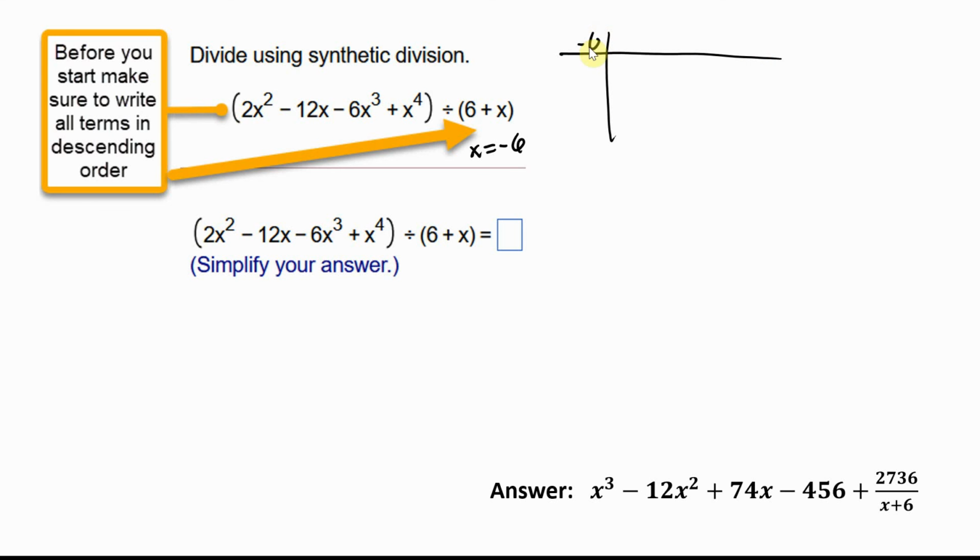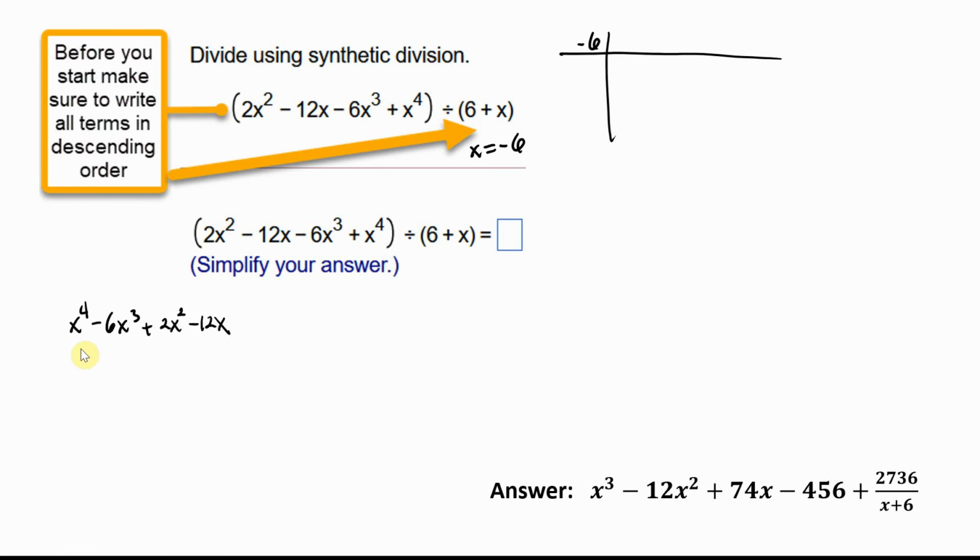So I'm going to put the negative 6 here. I'm sorry, I got to write this in order. So this is x to the fourth minus 6x to the third plus 2x squared minus 12x. So that's the order that we need to have it in. Whether it's synthetic or long division, we have to write those terms in descending order.